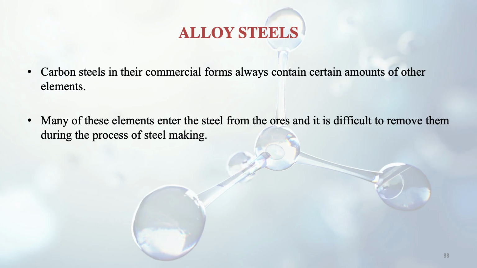Like we have seen earlier also, so many types of elements are there within the iron carbon system. Many of these elements will enter the steel from the ores from where it is made. Like iron ore we had discussed in the previous lectures, from that iron is made and then further steel is made. So it is very difficult to remove these elements during the process of steel making.